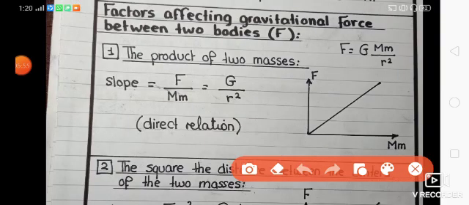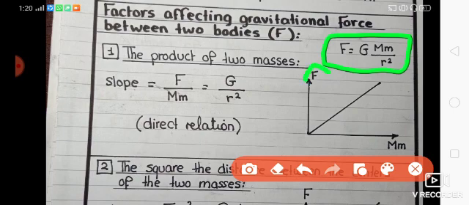Now we are going to discuss the factors affecting gravitational force between two bodies, and of course we get these factors from the equation. 1. The product of the two masses.